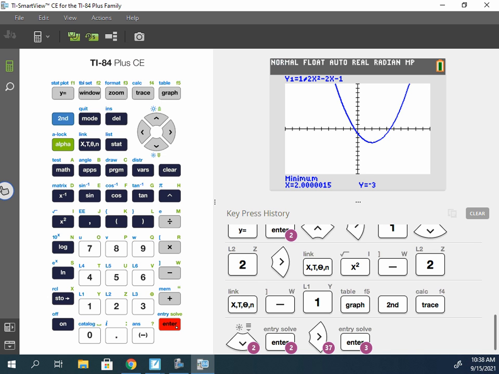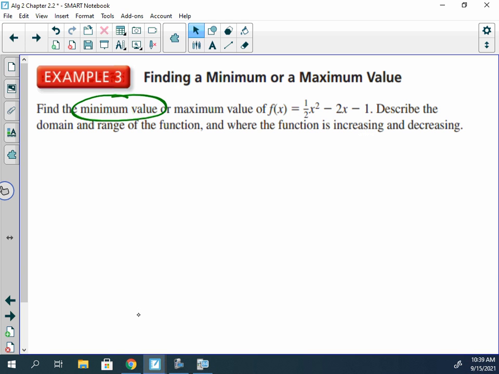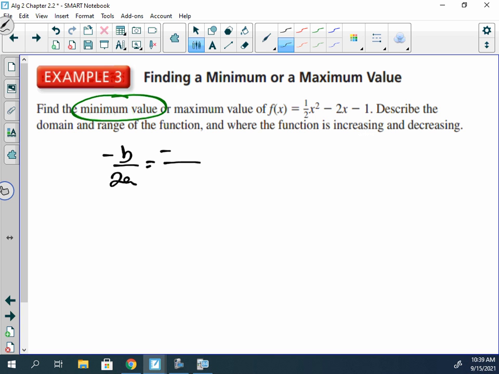Now, if we go back to the other one, if I do negative b over 2a, the b value is negative 2, so negative 2 over 2 times 1/2. Well, negative negative 2 is just 2. What is 2 times 1/2? So the x value is 2.